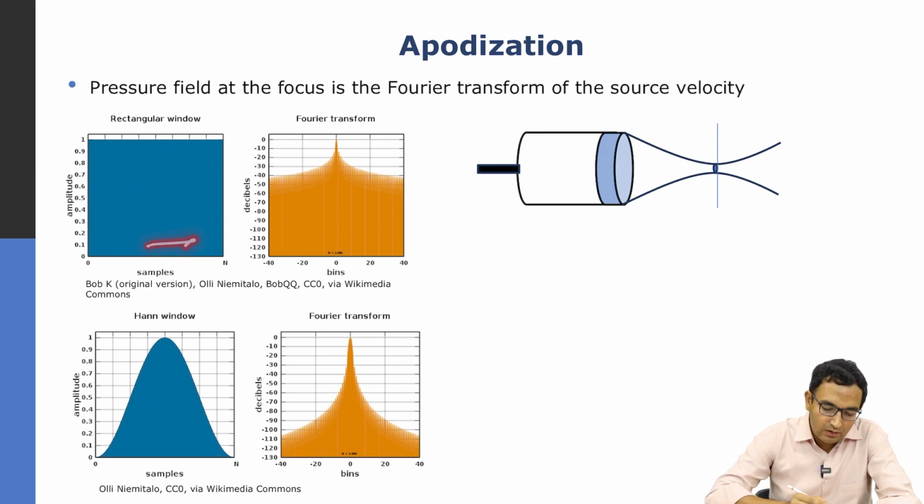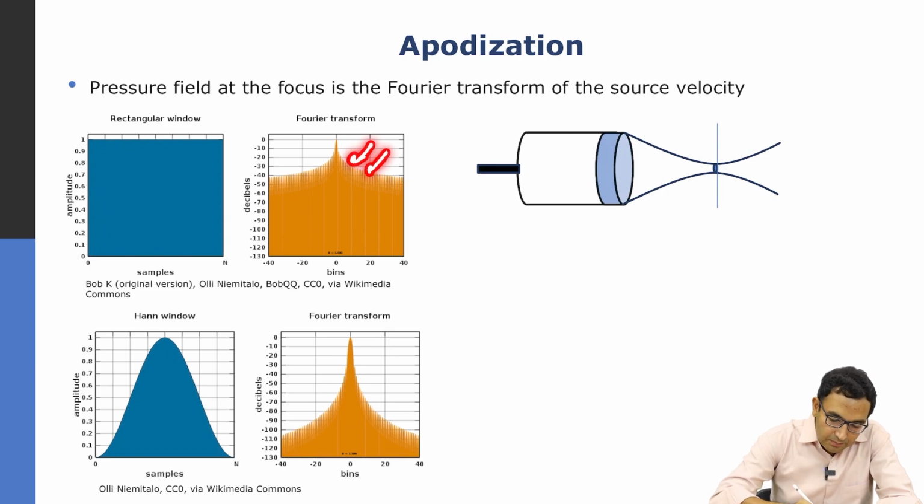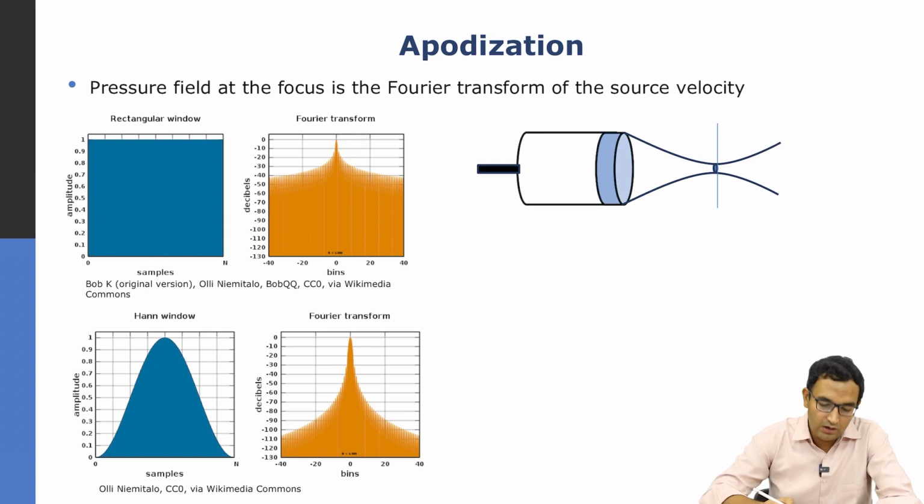If you have a rectangular window, then the Fourier transform is like a sinc, and as you can see there are many side lobes here, and the side lobes are fairly high. They would start at roughly around 10 dB relative to the main lobe, somewhere here, and then you have all these side lobes that are present.